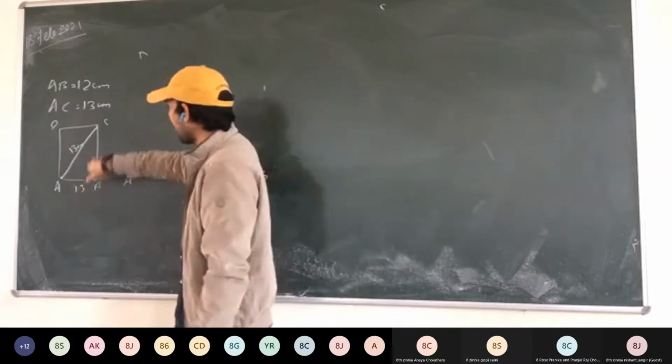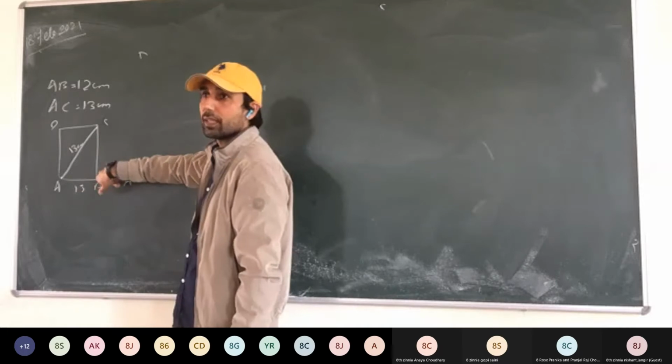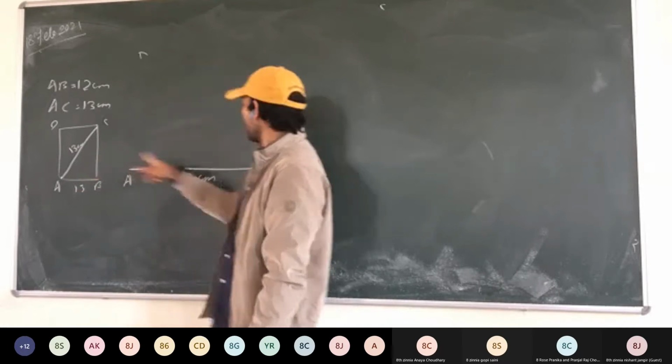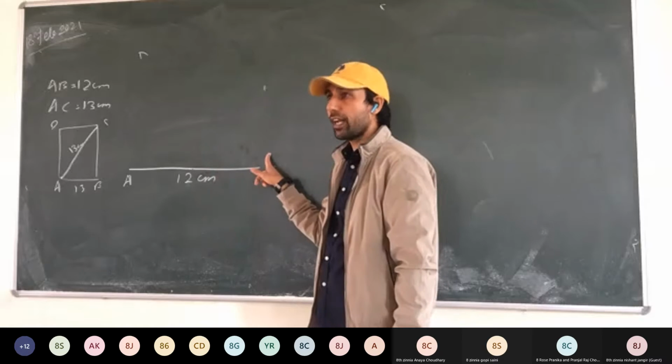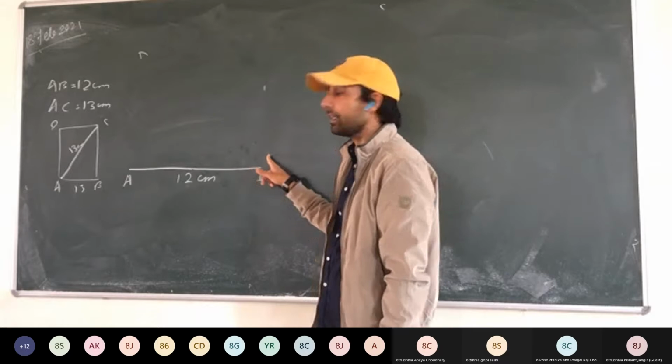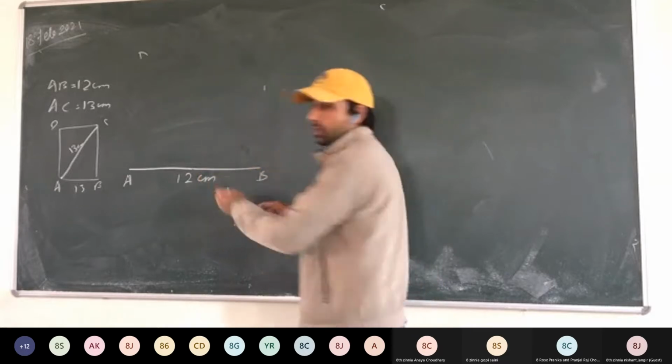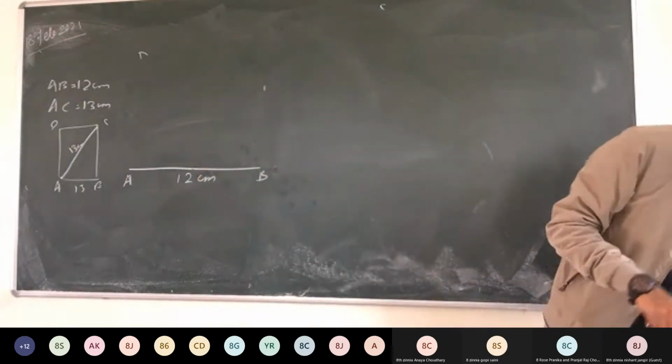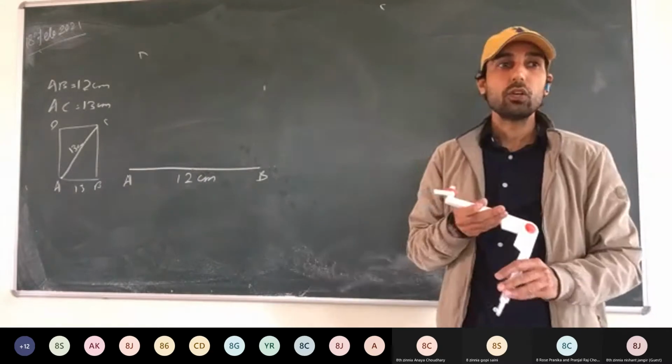In a rectangle, AB is perpendicular to BC. They are making an angle of 90 degrees. So at B, draw an angle of 90 degrees. Sir, drawn. Look front.